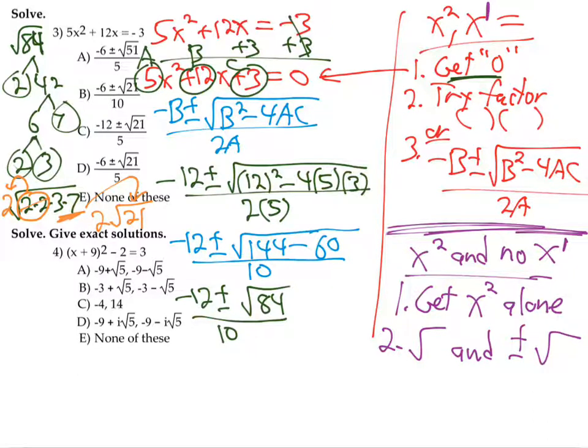So, okay, let's go back to this problem. So this becomes minus 12 plus or minus 2 root 21 all over 10.